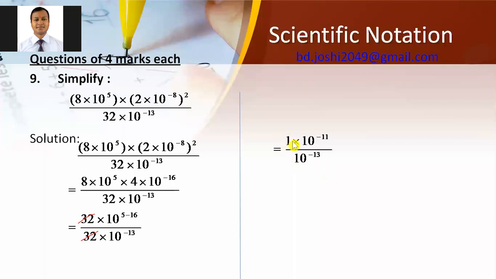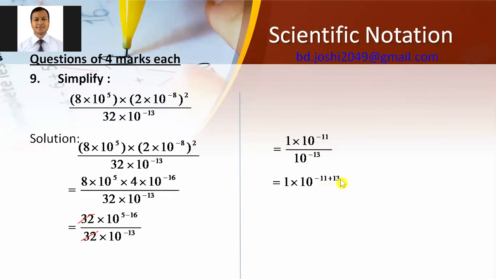It is not necessary to write here 1 if there is simplify only. If it is only simplify, you don't need to write this 1. But if it is said simplify and write the answer in scientific notation, in that case we have to convert it into scientific notation. Minus 13, which was in the denominator in the previous step, when taken up it will be plus 13.